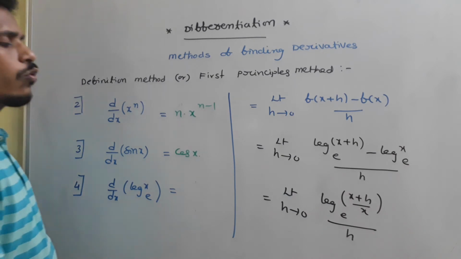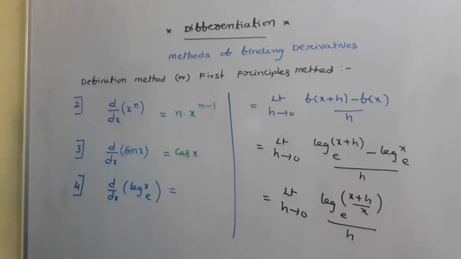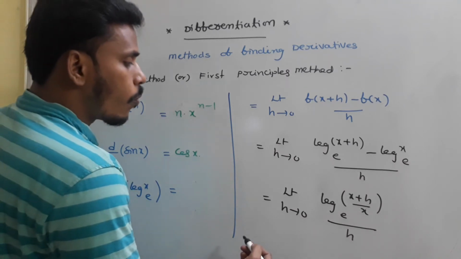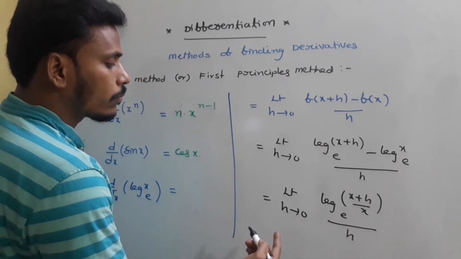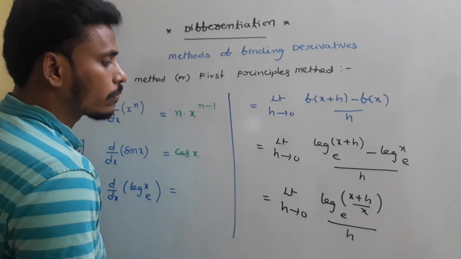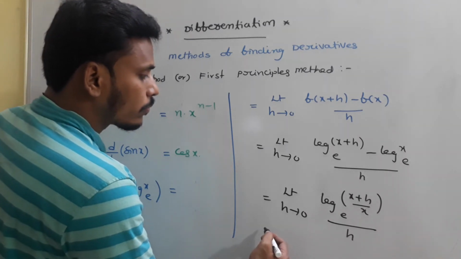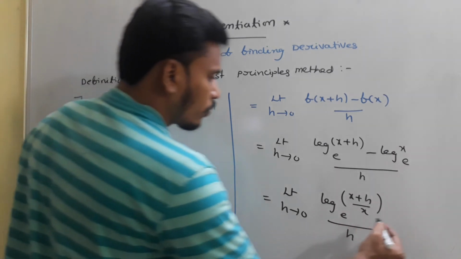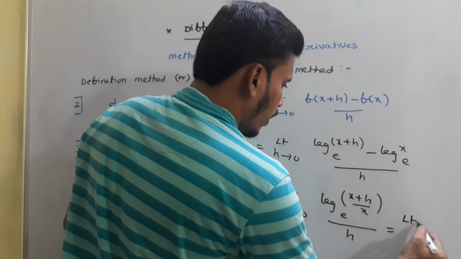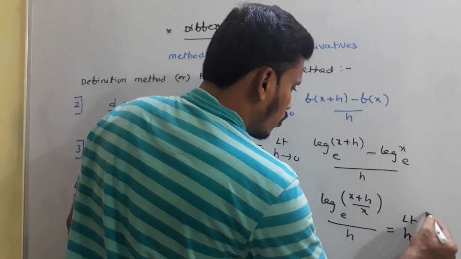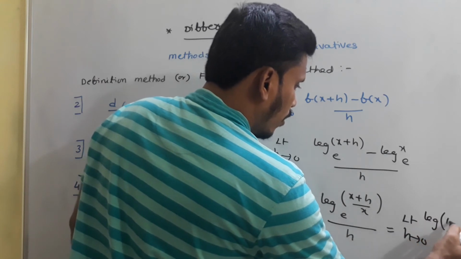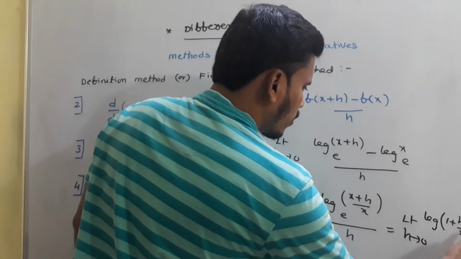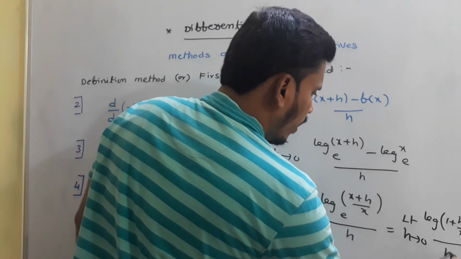How to rewrite it? 1 plus h by x, right? So this equals limit h tends to 0, logarithm of 1 plus h by x divided by h.